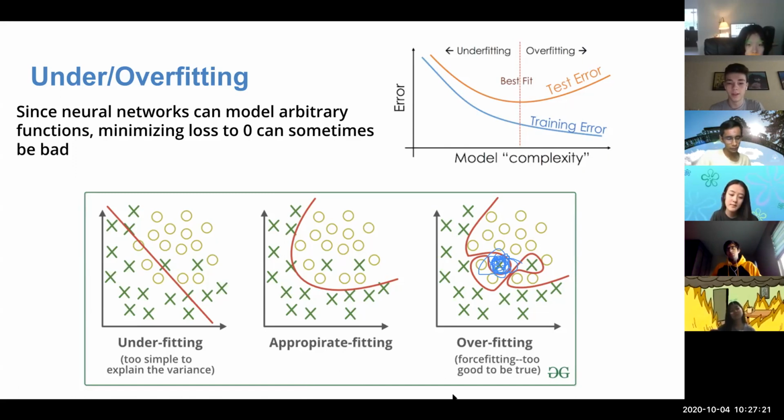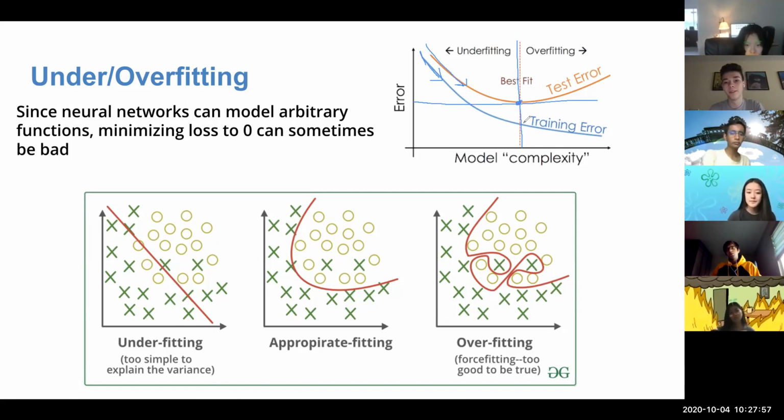From the diagram on the top right, as you're training your model, first you're teaching it to fit the training set, and your test error is also going down since it's able to generalize some knowledge to accurately predict your test set. At some point there's going to be an elbow for the test error, which is your best fit and the best error you can get with that model on your test data set.